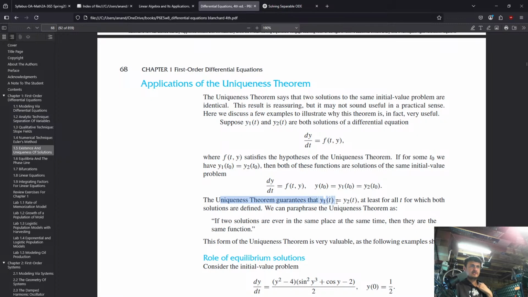The uniqueness theorem guarantees that y1 of t is equal to y2 of t, at least for all t for which both solutions are defined. We can paraphrase the uniqueness theorem as, if two solutions are ever in the same place at the same time, then they are the same function.